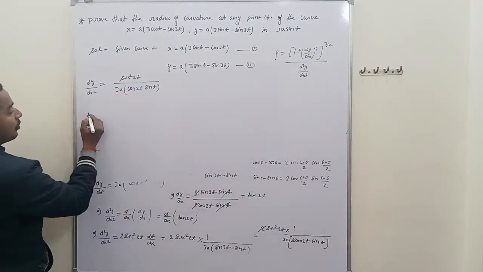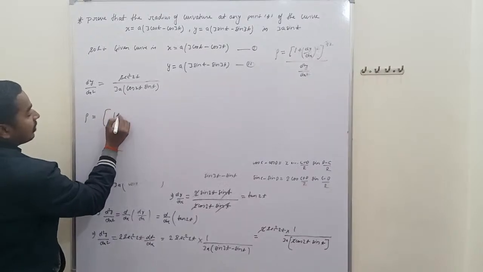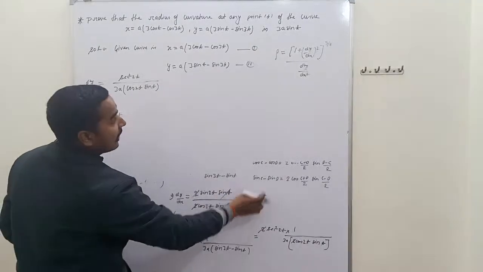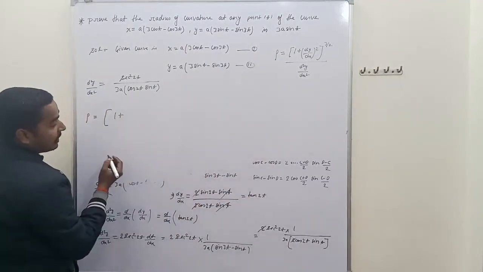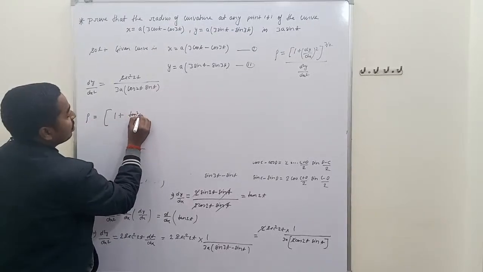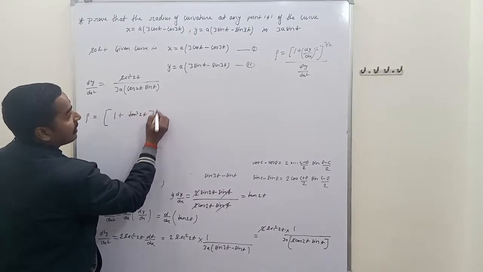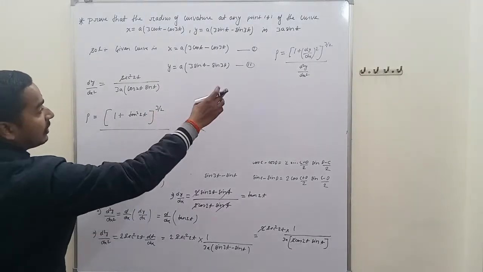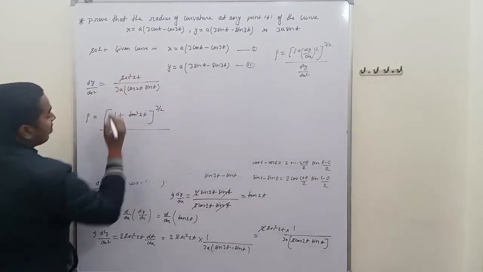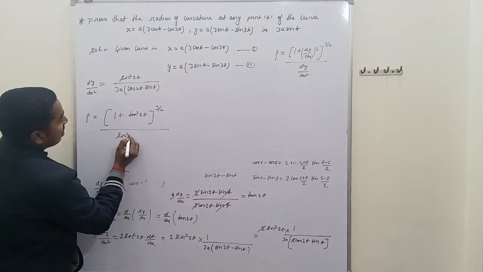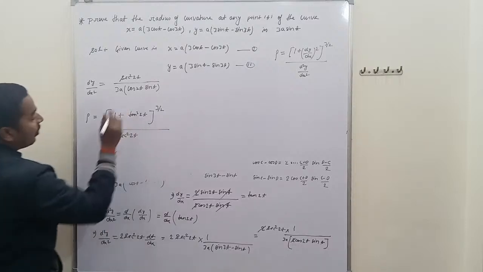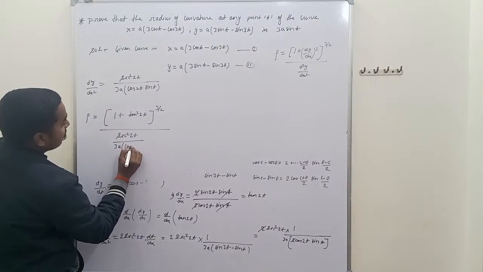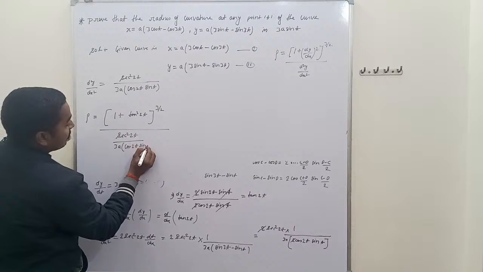This is given by rho equals 1 plus (dy by dx) square, where dy by dx is tan 2t, so tan square 2t, whole power 3 by 2 upon d2y upon dx2, which is sec square 2t upon 3a cos 2t into sin t.